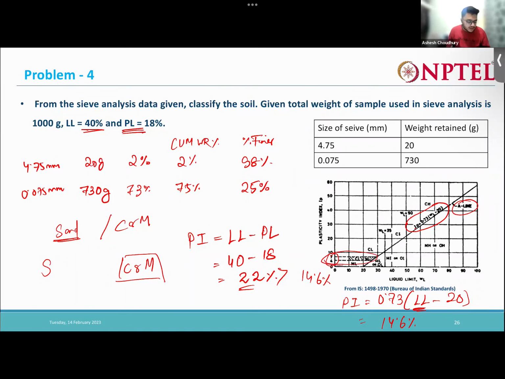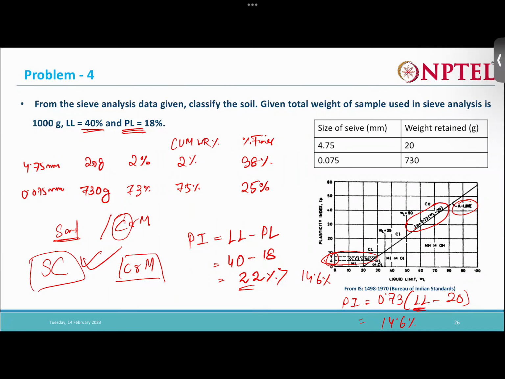So what will be our soil? Clay. Correct. So what will be the final nomenclature of the soil? SC, clay sand. Correct.